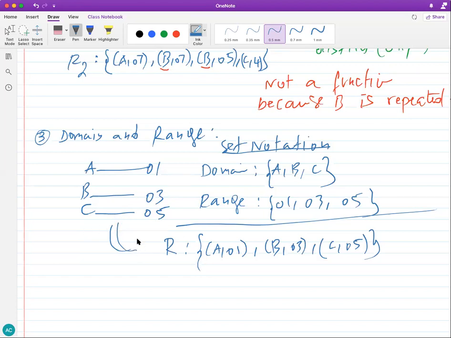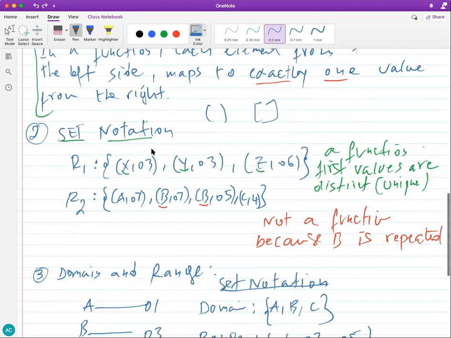So they would give you the table, and then maybe ask you to write the set notation as domain, range, and then also write it out like the R form. That's right, yeah. So when I give you something like this, I will tell you, what is the domain of this function? Write the domain in set notation, or write the range in set notation. Then I may ask you to write the whole table or relation in set notation. Another name for this is a relation set, or set notation, as we say here.